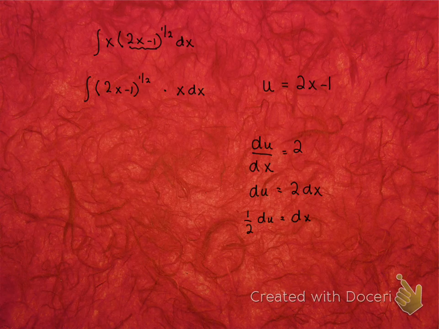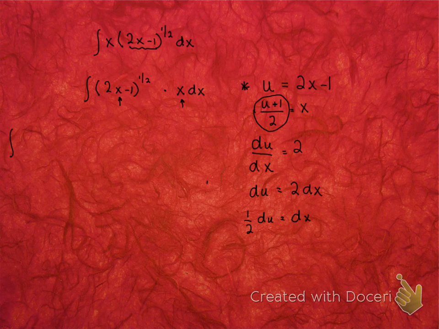Okay, what we're going to do is go back up to the u equals and solve that for x. So if we solve that for x, we're going to add the 1 to both sides and then divide by 2. And that's what x is equal to. Now we're going to go back into the problem, and everywhere we see an x, we're going to replace it with that.